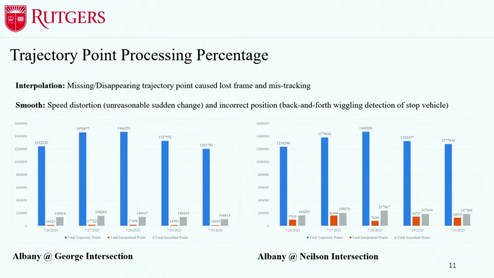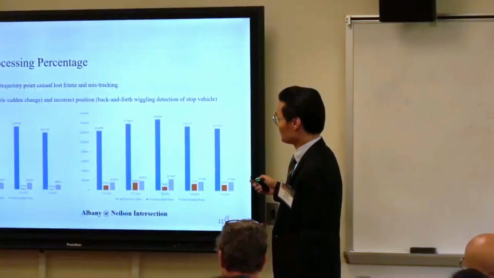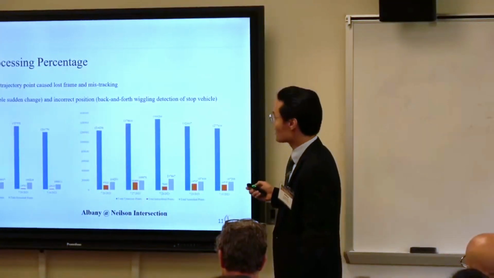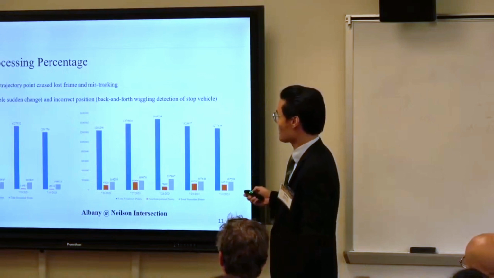But we also have several missing points, so I use the interpolation method to insert them back at the correct position. We also have smoothing methods for the speed, the distortion, and the incorrect position points. So all the trajectories are interpolated and smoothed.